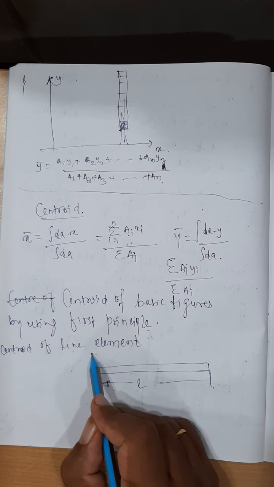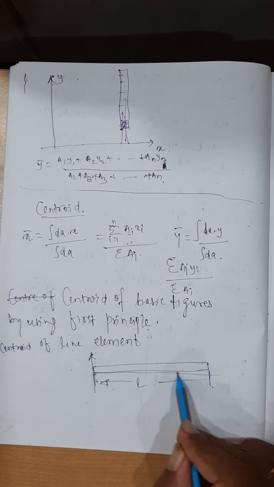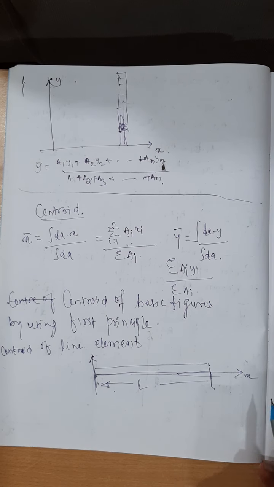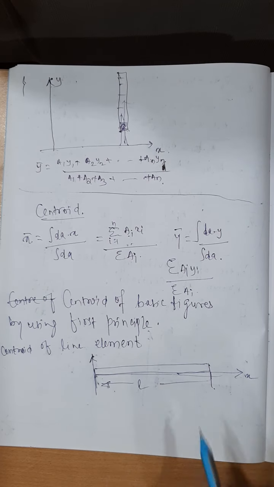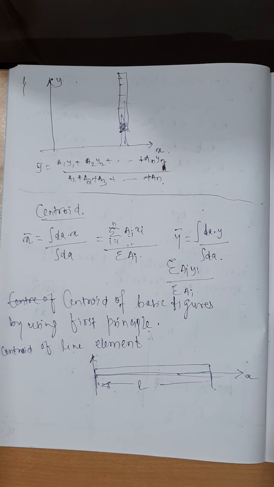Say, for example, I am taking this as the y axis and this as the x axis. The length of the object is equal to L. The thickness or height of the object is negligible, right?